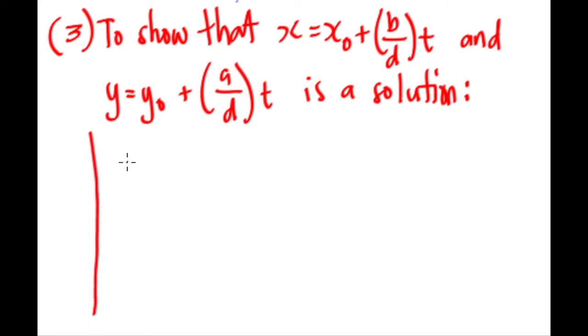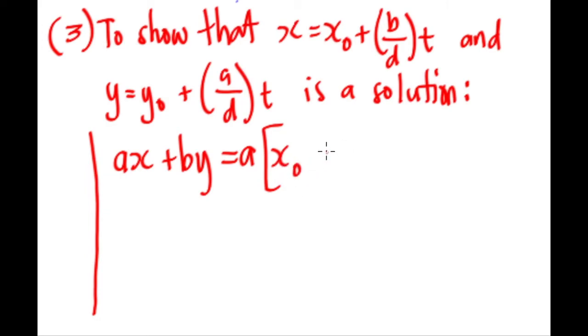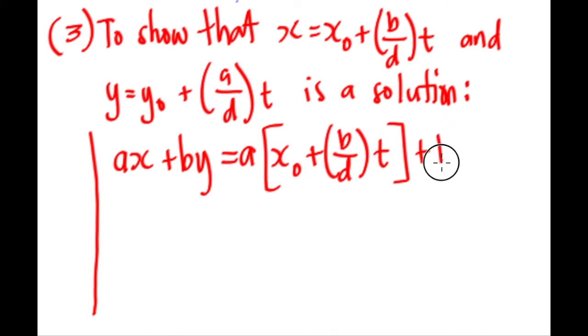So we have ax plus by equals a times x sub 0 plus b over d times t, plus b times y sub 0 minus a over d times t.